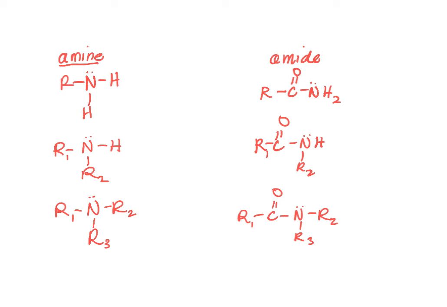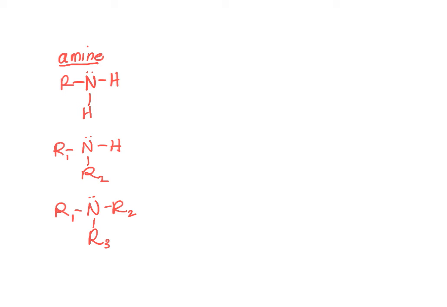Before I end this video, I just want to make a couple of notes about amines and amides. Now, there are different forms for an amine and an amide. When you have an amine that has 1 R group, where R is alkyl, so it's a carbon-hydrogen group, you have a primary amine.